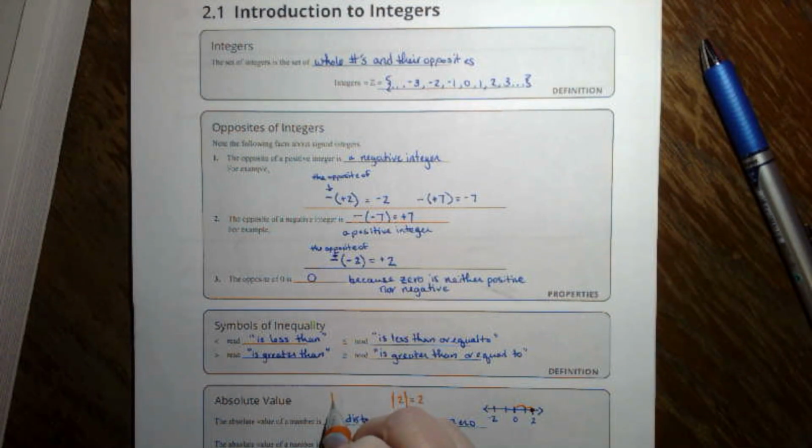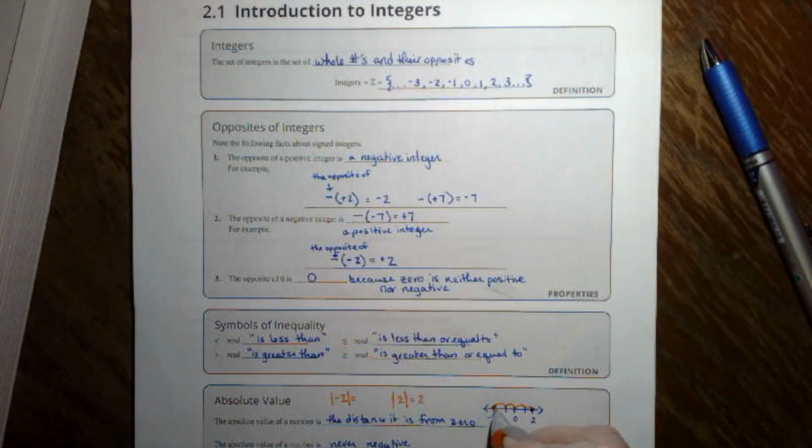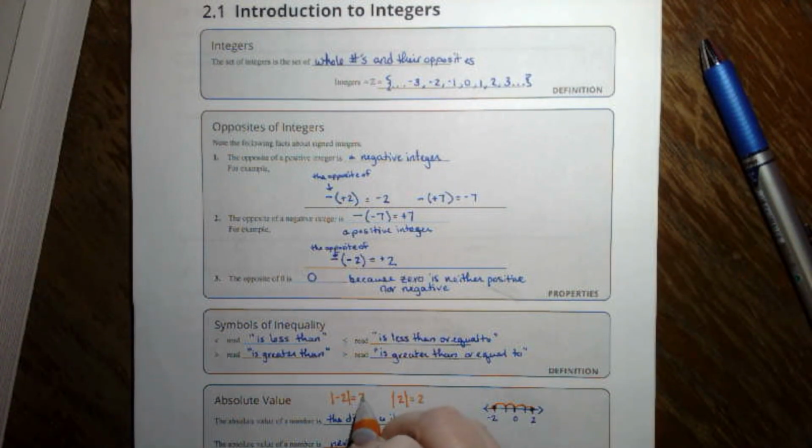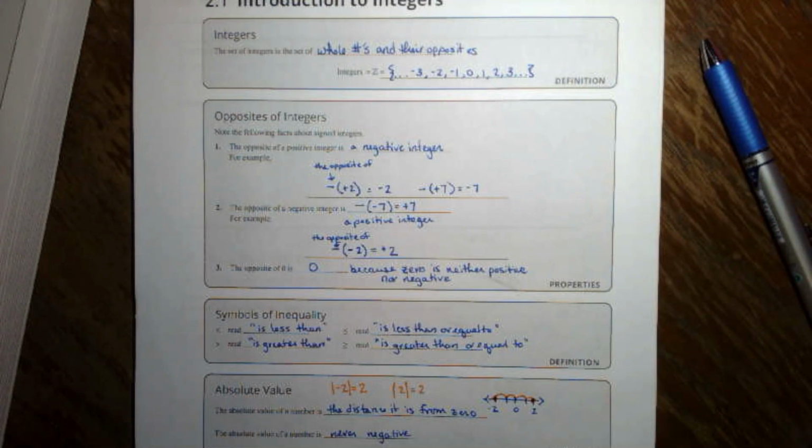That's why whenever you see the absolute value of -2, everyone would always say, oh, that's a +2. Well, when you look at -2 on a number line, the distance from 0 is also 2. It's 2 little spots away from 0. That's because distance can never be negative. Absolute value is a measure of distance, and that's why it's never negative.